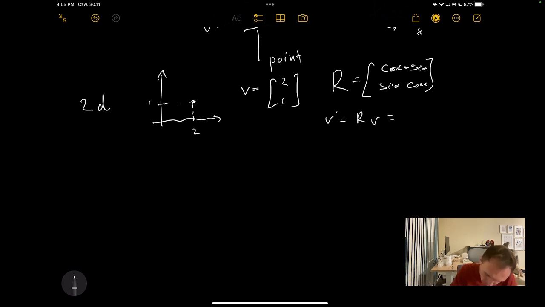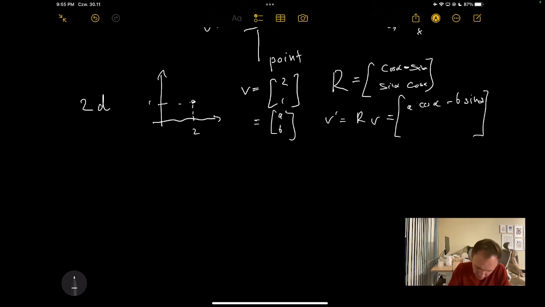Let's call this vector a b instead of 2 1. It's a times cosine alpha minus b sine alpha. This is the first coordinate of the output vector, and then I would have a sine alpha plus b cosine alpha. So this is how this basic thing works.